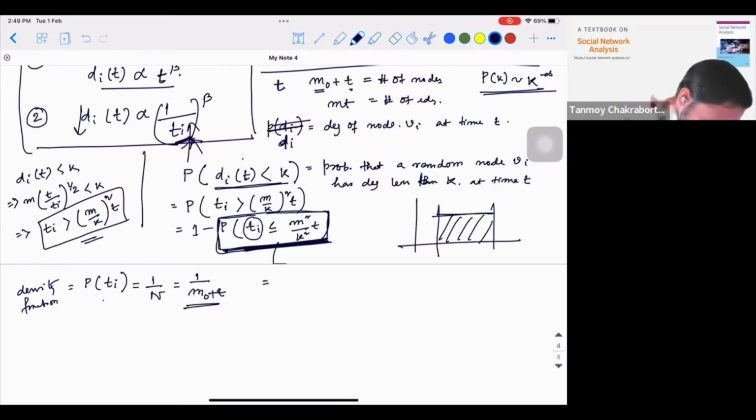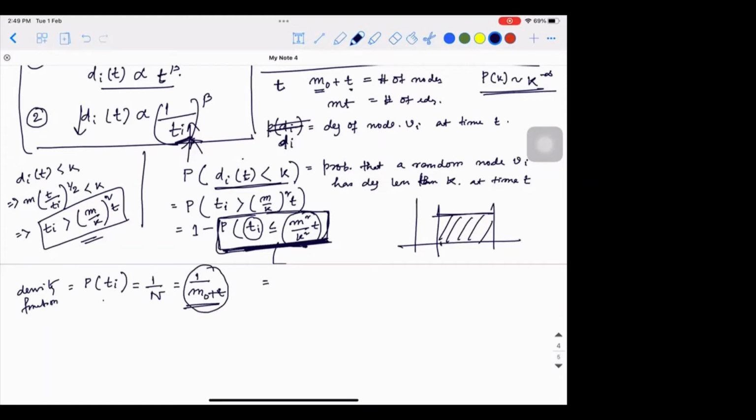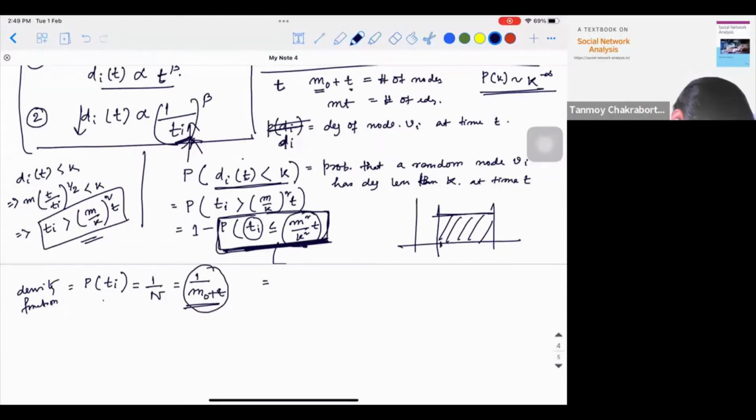Okay, this would be what? This would be this particular element times this, because at every time step you have 1 by n here, 1 by n, 1 by n, 1 by n, 1 by n, and how many times are we calculating? We are calculating till m square k square by t.